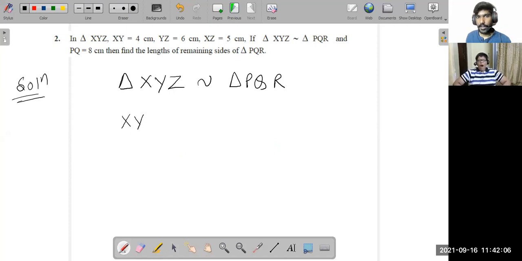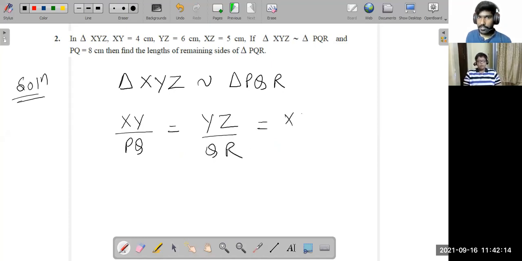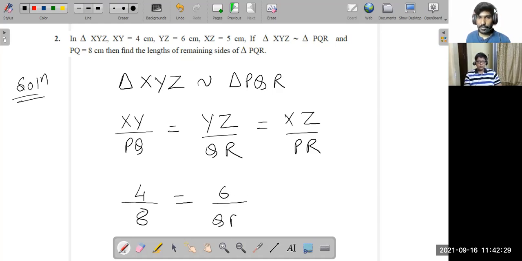So you have XY upon PQ equal to YZ upon QR equal to XZ upon PR. Now substitute all the values that are given to you. XY is 4, PQ is 8, YZ is 6, QR you have to find out, XZ is 5, PR also you have to find out. Do you understand this?